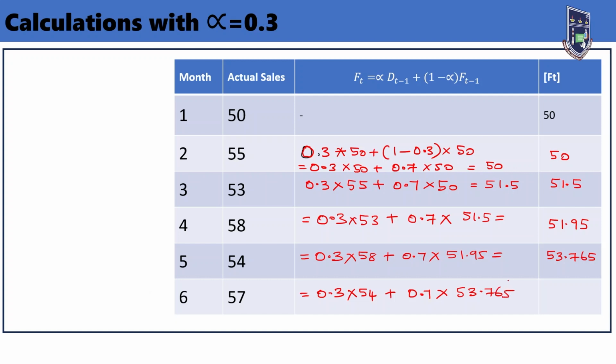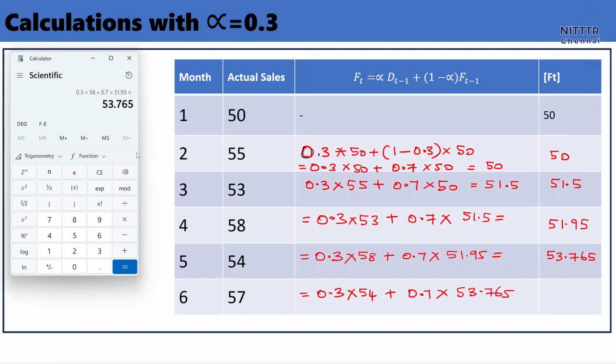Let us calculate it. 0.3 into 54 plus 0.7 into 53.765. So, it is 53.83.